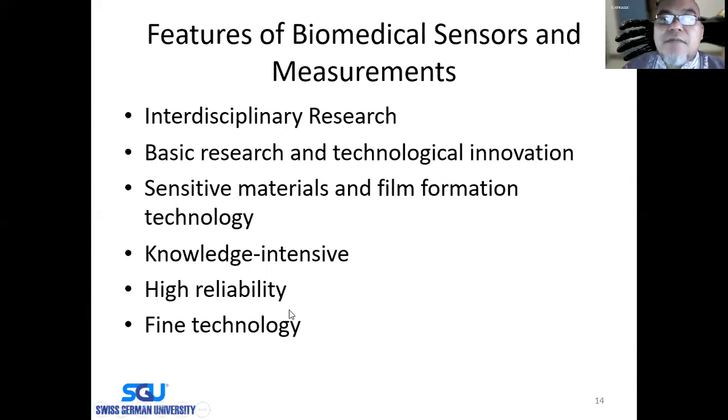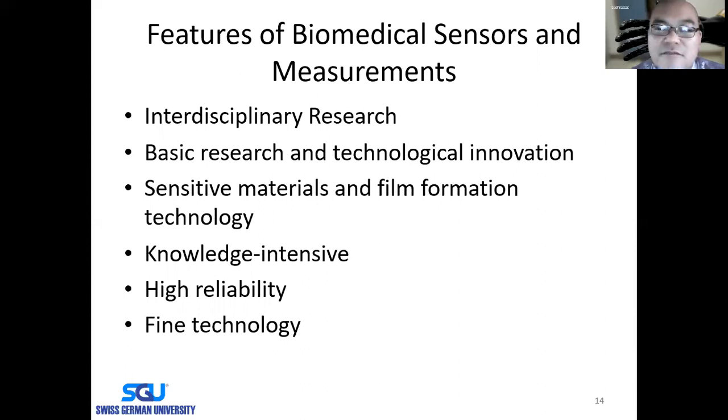And this field of biomedical sensor measurement is very knowledge intensive. As I mentioned, it requires a lot of knowledge in both the application as well as in the development of the material, and later also in the processing of the signals. High reliability, because we are working in biomedical; the application is biomedical, related to humans. You need to have a reliable sensor in order to acquire reliable information.